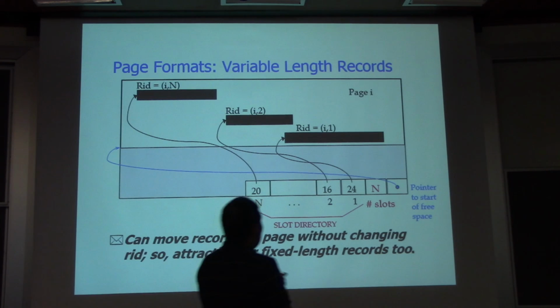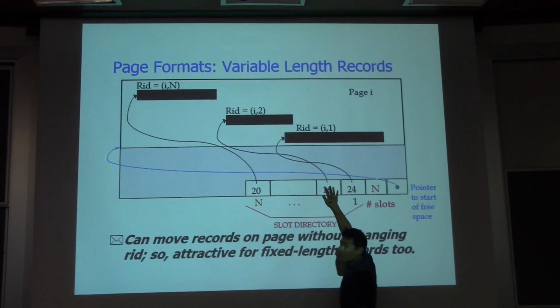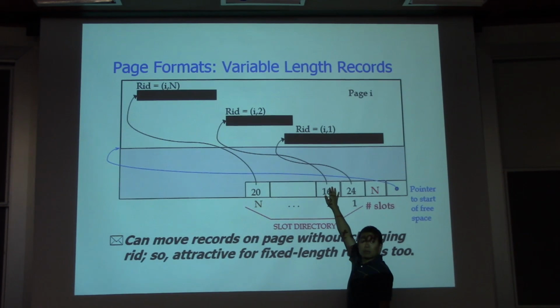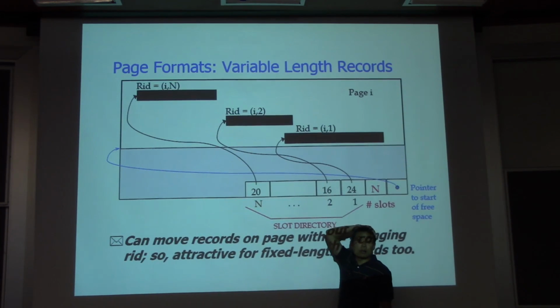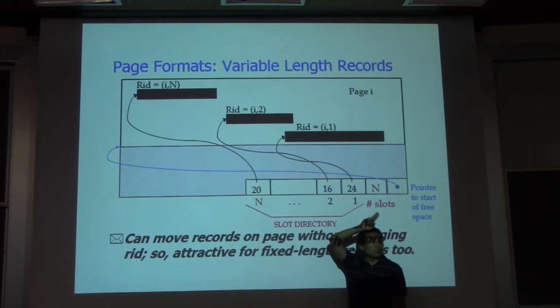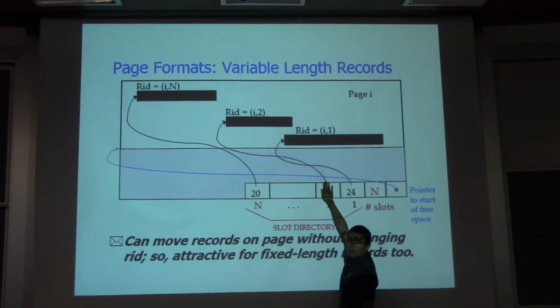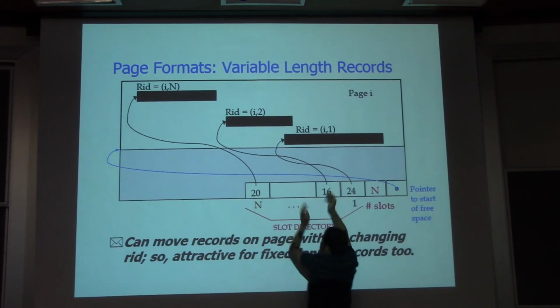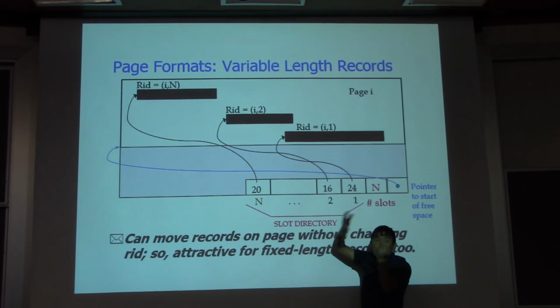Finally, one last thing you need to do. This slot entry is no longer valid. It no longer corresponds to a record, right? So you have two choices. One is you deallocate this and you move everything back. You could do that.